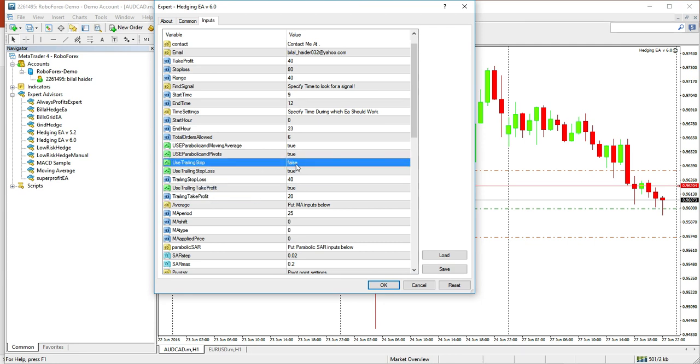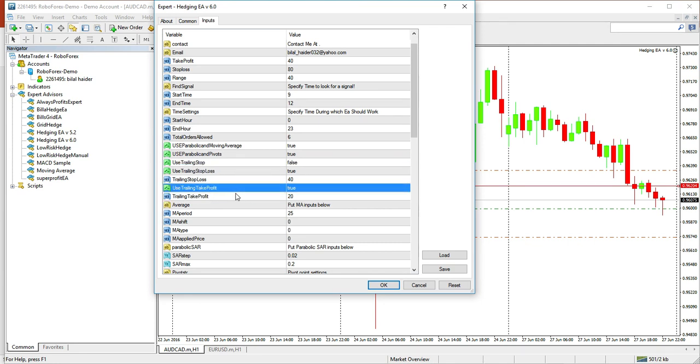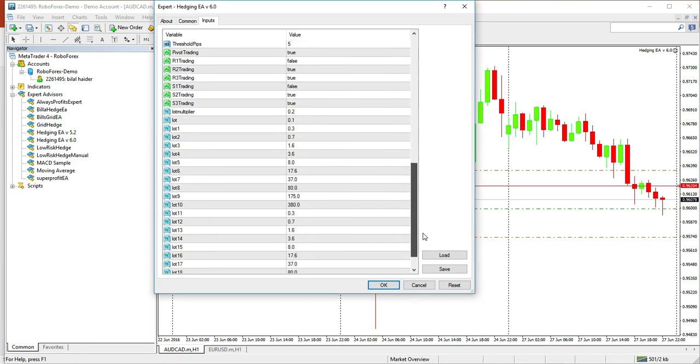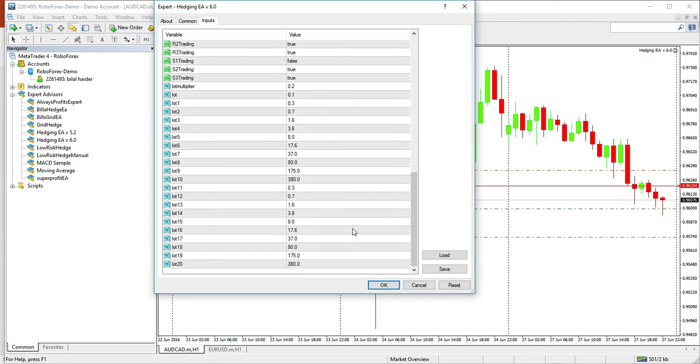If you set this to true, these will be working, and if you set this to true and one of these to false, that part of the trailing stop will not be working and the other part will be working for you. So we discussed the grid system.